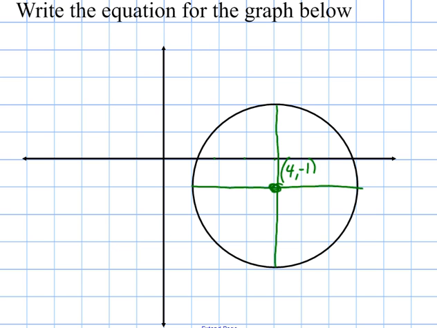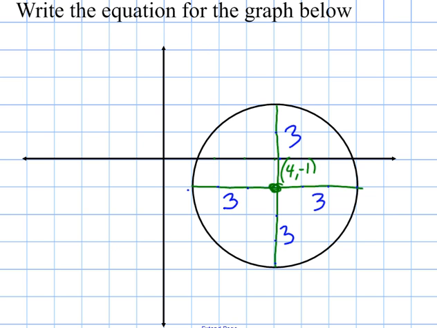Then I can see it went 1, 2, 3 units this way, 3 units this way, 3 units this way, and 3 units that way. So I know it's the center because it went up 3, down 3, right 3, left 3 units. All right, so we have a nice circle.